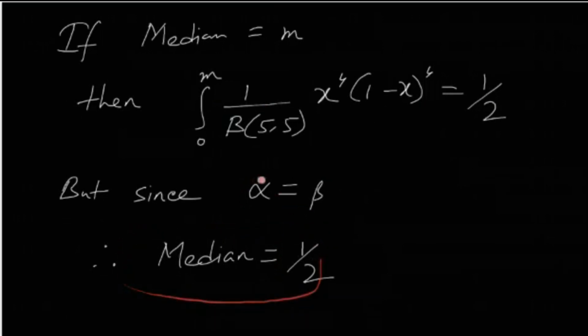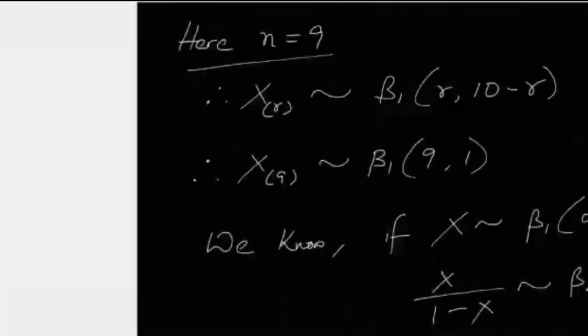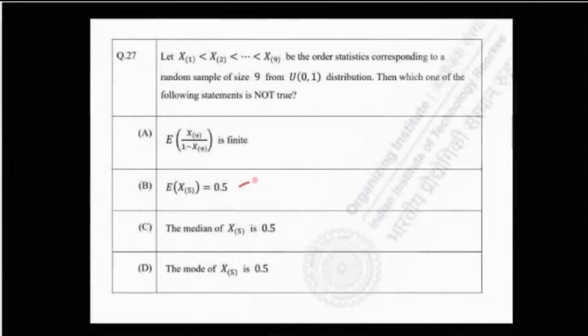In the general case, finding the integral is a bit difficult because it is the incomplete beta integral. But here alpha and beta are the same, so the median is half. So the mean, median, and mode are all half for X order 5. Therefore, all three options are correct, and option A is wrong, so option A is the answer to this problem.